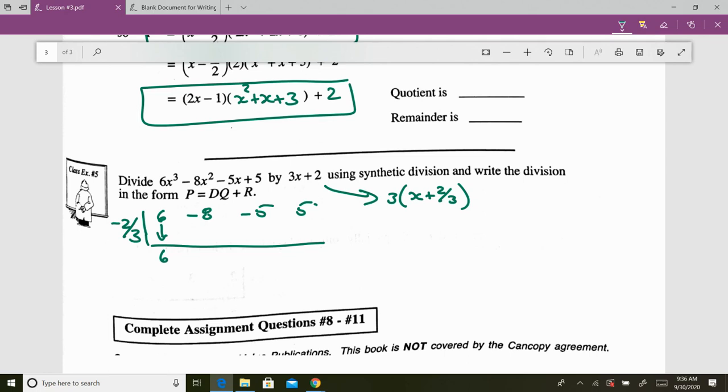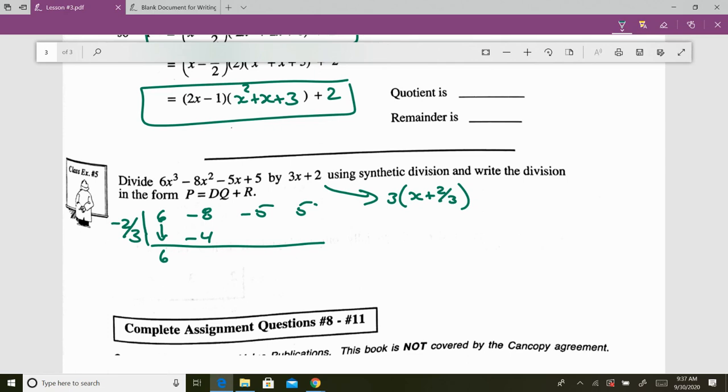Top times top, bottom times bottom, right? We'll just do this one. Negative 2 over 3 times 6, that's like 6 over 1, right? 6 times negative 2, negative 12 over 3, which is going to give you negative 4. Shortcut way, when you're doing it with a whole number, as 6 is, just go 6 times negative 2 is negative 12, divided by 3. So negative 4 is what goes in the next space.